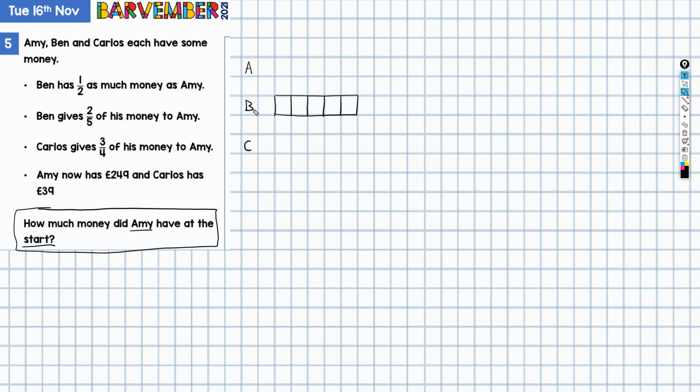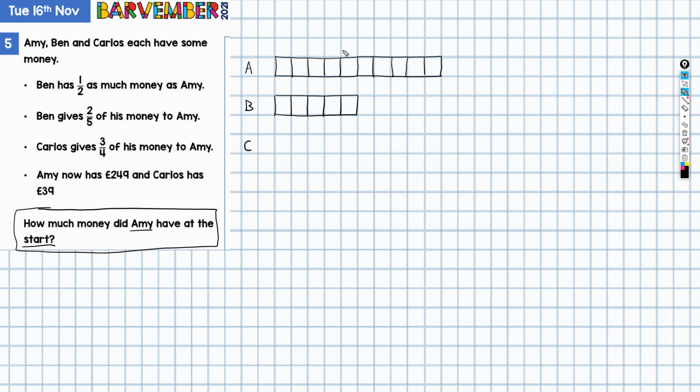Okay, and we know that Ben has half as much as Amy. So that would be the same, but Amy has double the amount that Ben has. Okay, so she has 10 parts to Ben's 5.